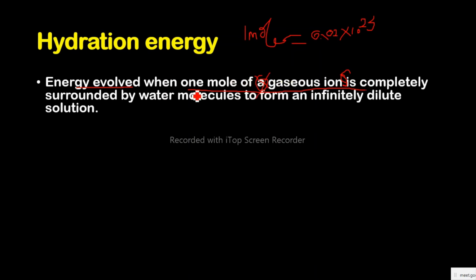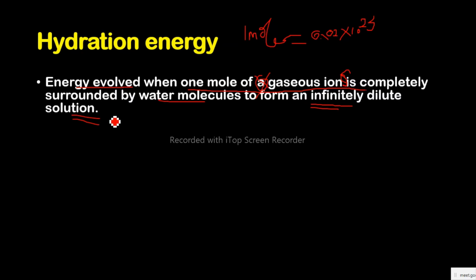So 1 mole of gaseous ions is completely surrounded by water molecules to form an infinitely diluted solution. You must dilute them up to infinity. The solution should not be saturated with ions. In other words, all these ions must be diluted such that water is in large excess.